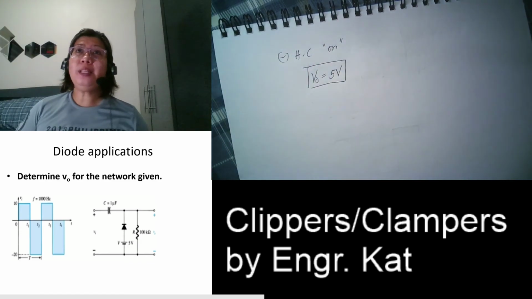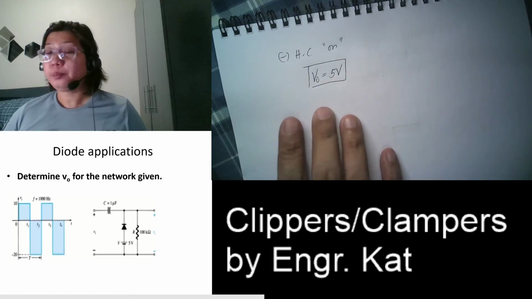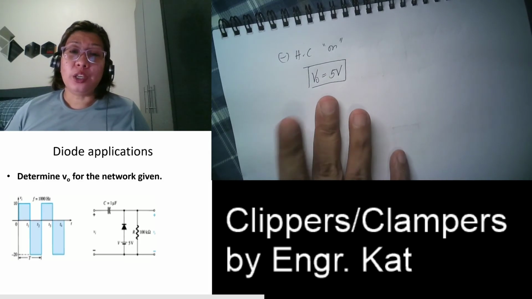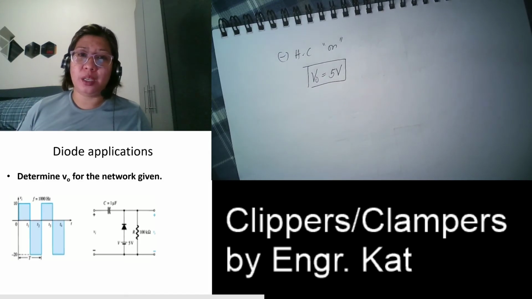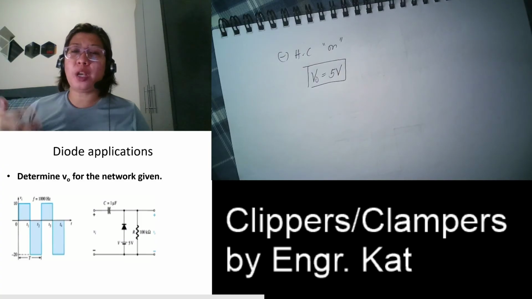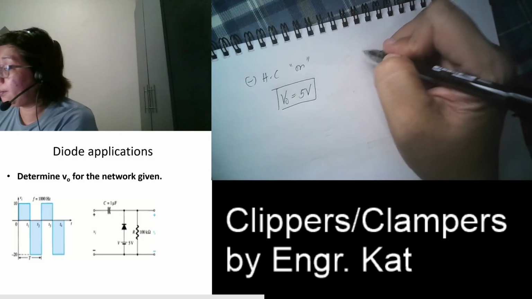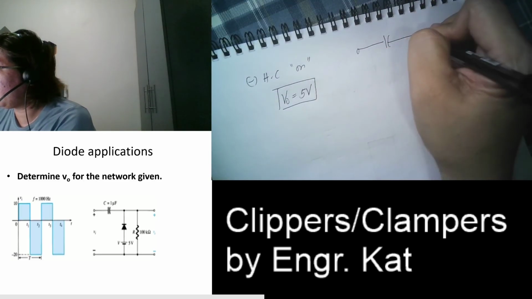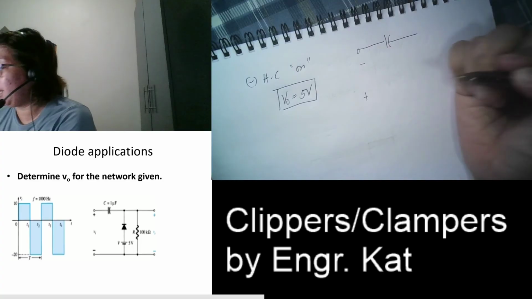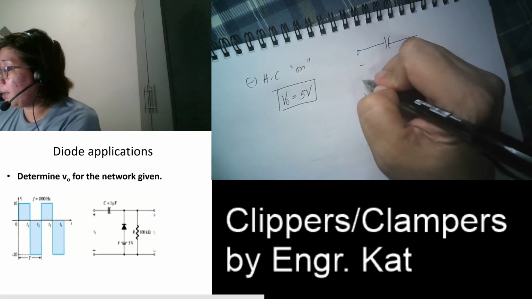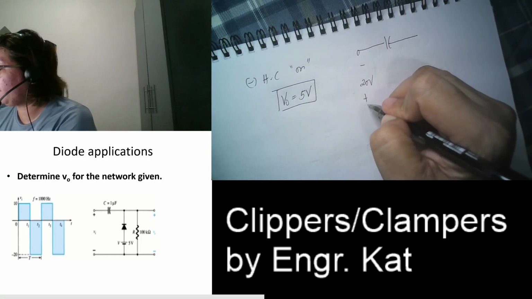And during the time that this is on, your capacitor is charging. So how much is your capacitor charging? If we're going to redraw that, this is minus plus. During negative, this is 20 volts.